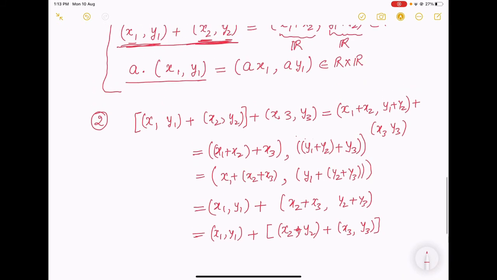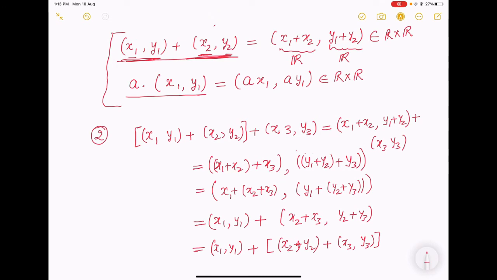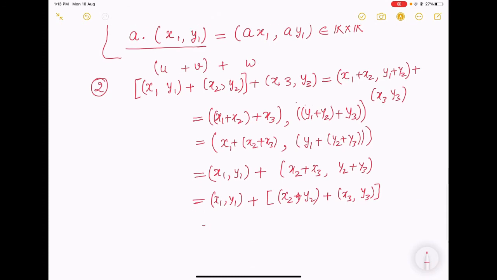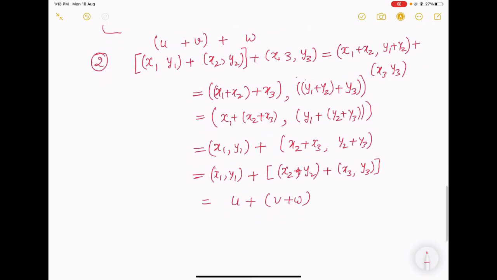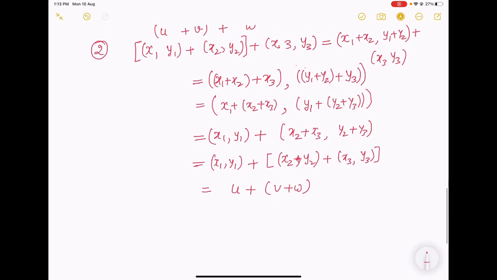So in this way you can see that u plus v added to the third element w is the same as u added to v plus w. So this is the associative property.